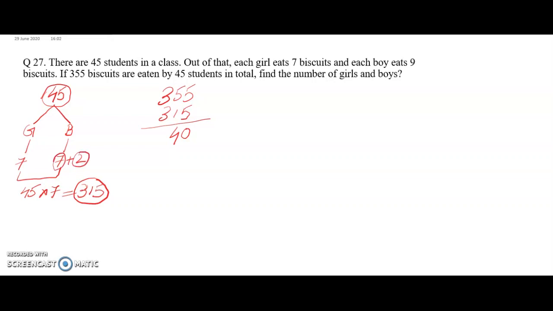Each boy eats 2 more biscuits and the total left is 40. So if we divide 40 by 2 biscuits, this will give us the number of boys. 2 into 20 is equal to 40. So 20 is the number of boys.